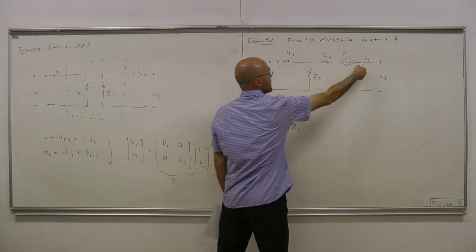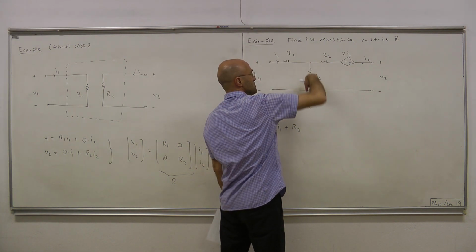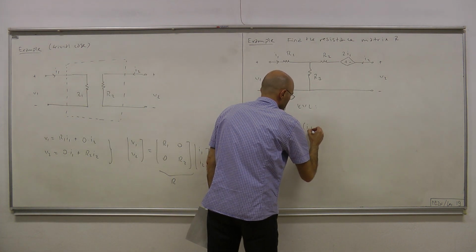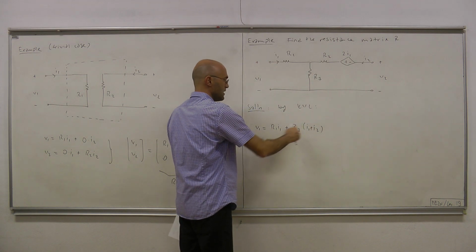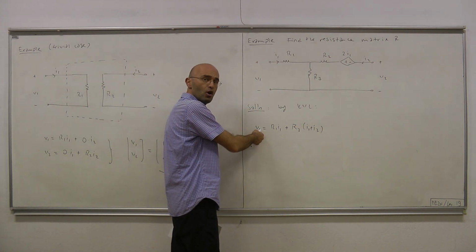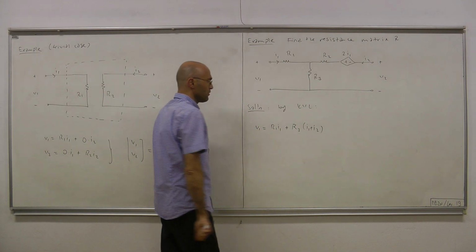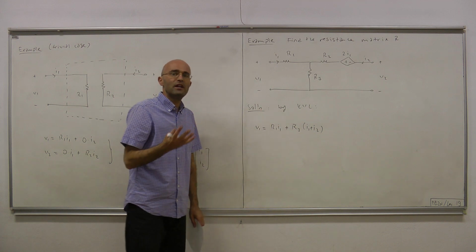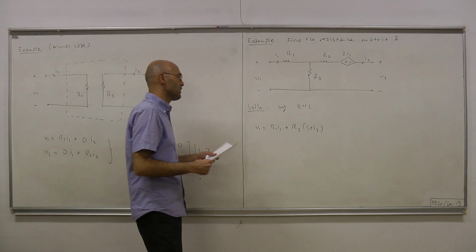Here we have I1, here we have I2, therefore by KCL it must be I1 plus I2. Okay, so what we have here is what we really need to obtain the resistance matrix, that is an expression for V1 in terms of I1 and I2. If you like, you can consider I1 and I2 as our formulation variables. Okay, you want to write everything in terms of them.